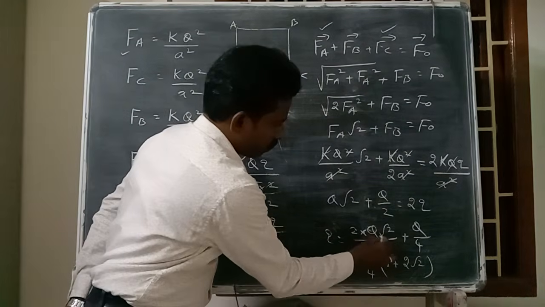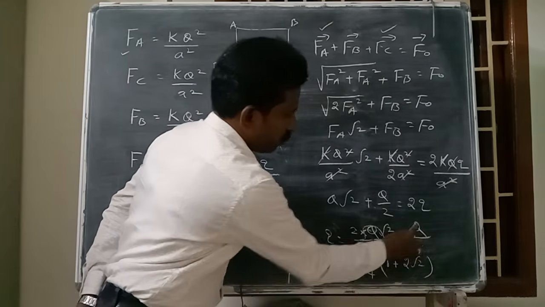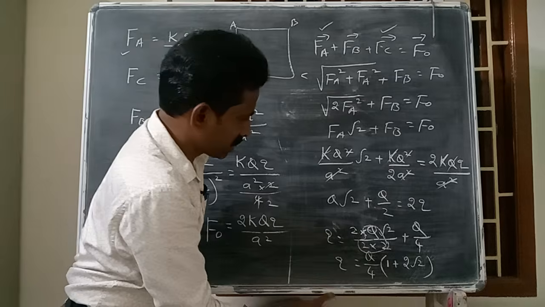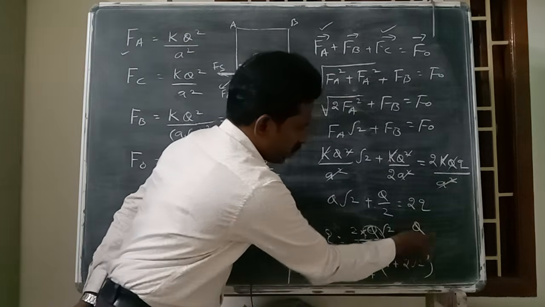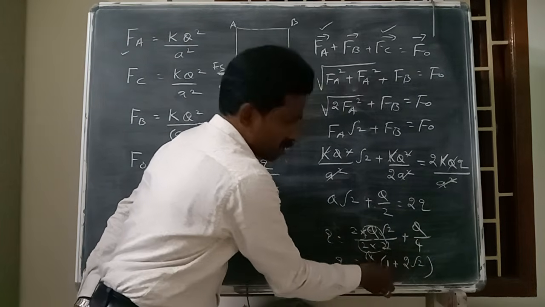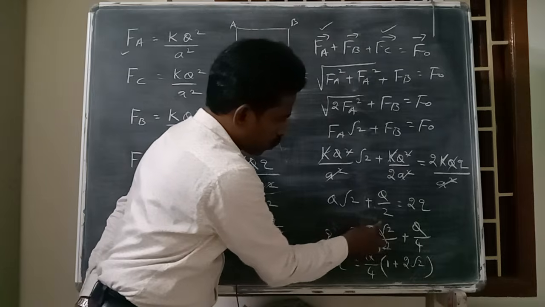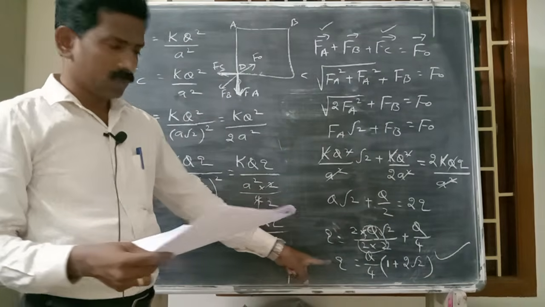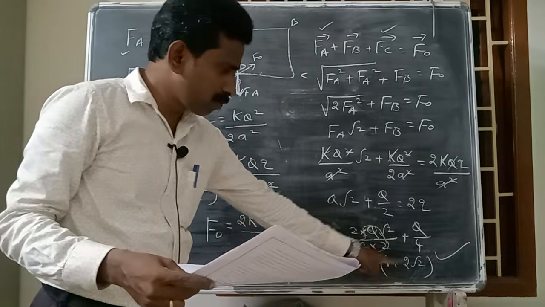So Q by 4 is taken outside, the rest of the things: here 1 will be there, then here 2 root 2 will be there. So this is the correct option. Small q value is Q by 4 into 1 plus 2 root 2.